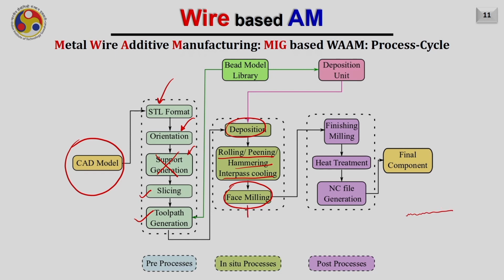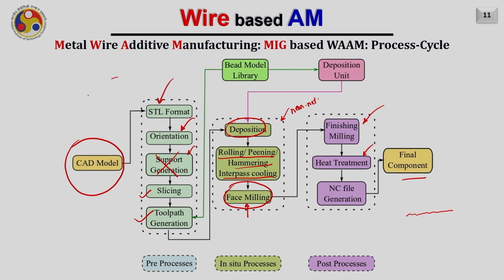However, this option is not necessarily required all the time. Finally, after generating the near net shape, it is transferred to a milling machine, and further milling can be performed to obtain the final desired surface finish. If required, we also do some heat treatment, and then finally we generate the component.